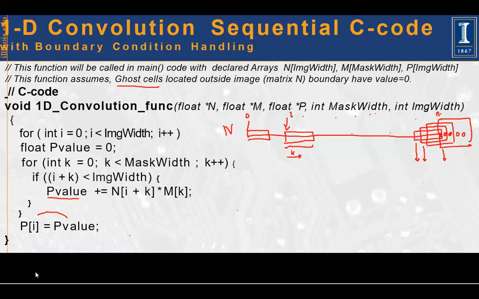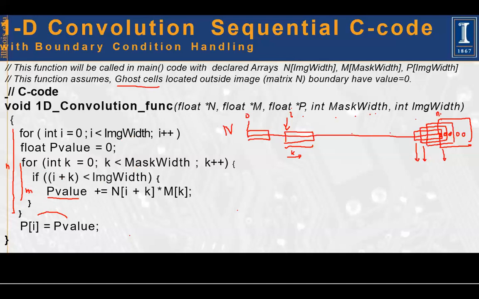This is of size n, and this loop is of size, I'm calling image width n, and this thing m, as I said in my example, that is mask width.